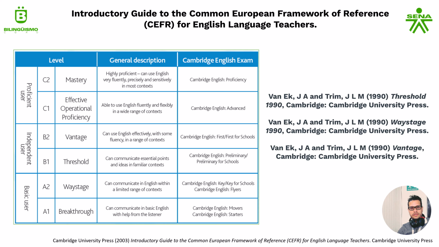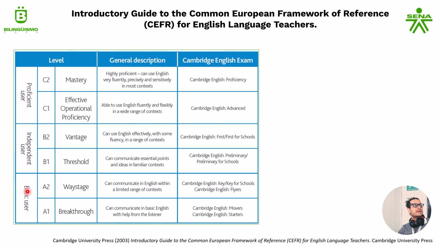And he said, for example, that the first levels were called breakthrough, waystage, threshold, vantage, effective operational proficiency, and mastery. But here at SENA, we are focused on A1, A2, and maybe B1 if there is good weather. We will do that. Okay.